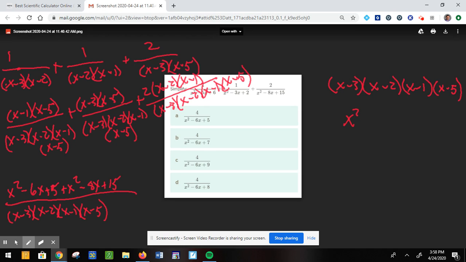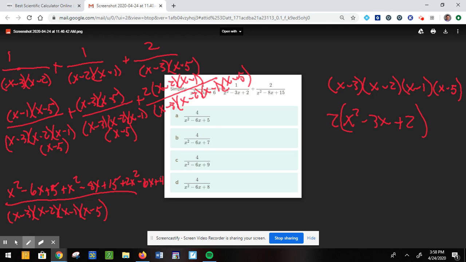Negative 2 times x is negative 2x. That's negative 3x. And then negative 2 times negative 1 is plus 2. You still have that 2 in front, so we're just going to multiply all that by 2. So you're going to get 2x squared minus 6x plus 4.